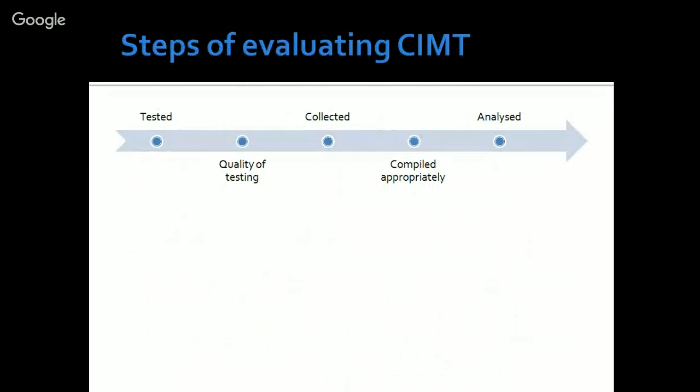Steps of evaluating CIMT. CIMT has been tested, and once it is tested, we need to understand the quality of testing. If they have applied a CIMT without any control, then it's a very poor quality, right? And after understanding the quality of testing, we need to see how all the studies which have been done have been collected, and whether they have been compiled appropriately.